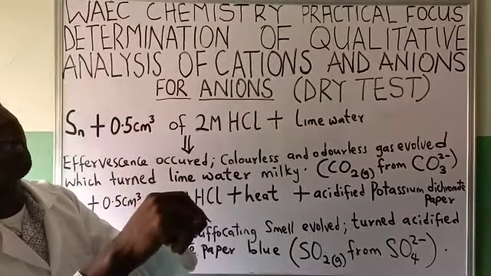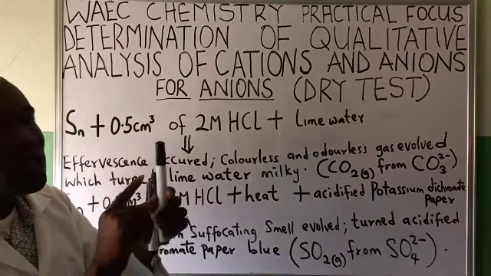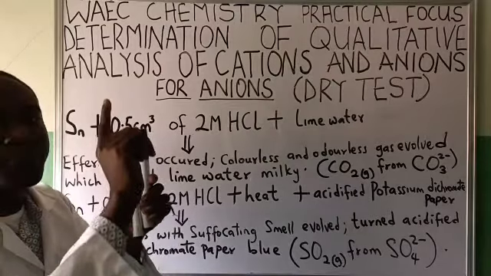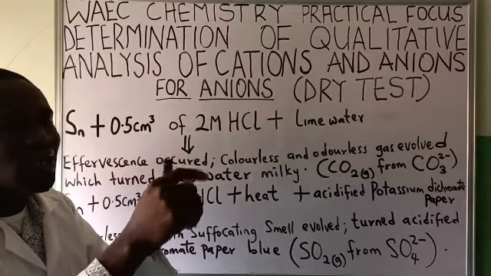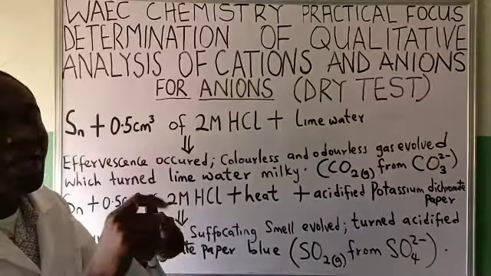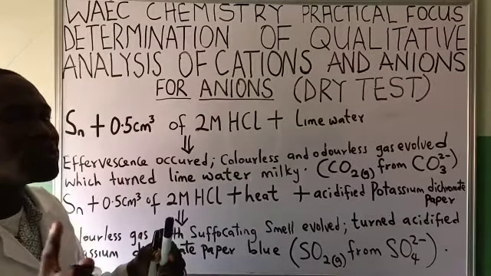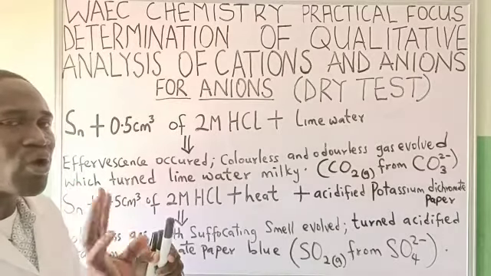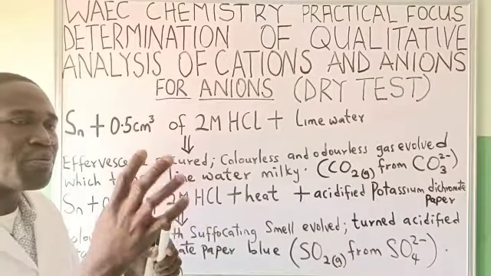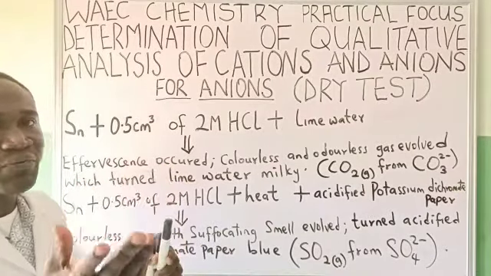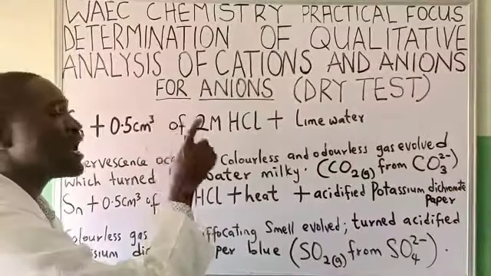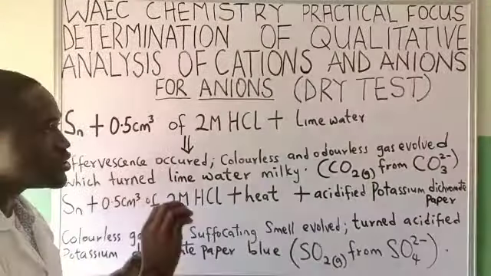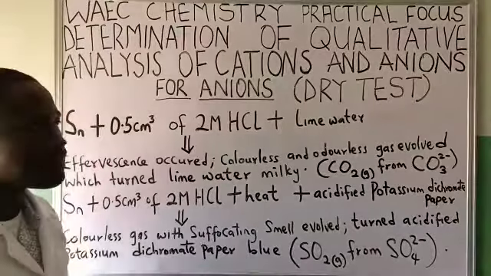That gas will enter inside that lime water because it's going up the test tube. What you will notice inside that lime water is that it will turn milky. It will look as if a milky substance is formed. That is because of the gas which entered inside it.